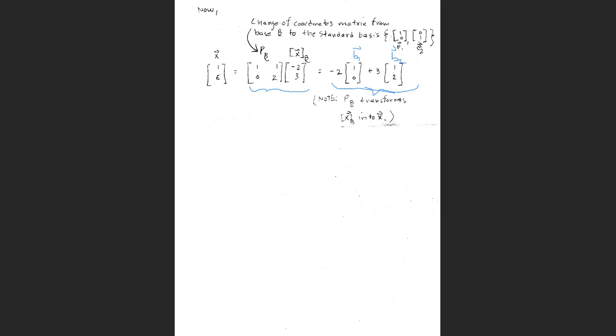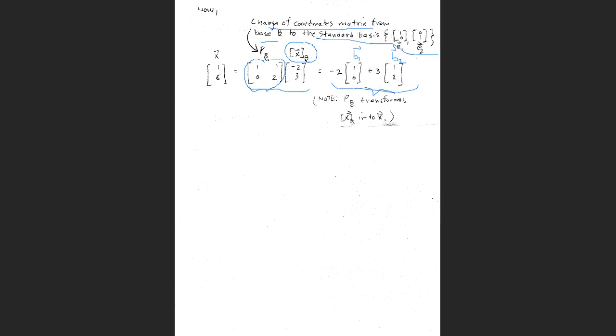The second vector would be your coordinate vector of x relative to the basis B. And this matrix is called P subscript B. It's called the change of coordinates matrix from the basis B to the standard basis.